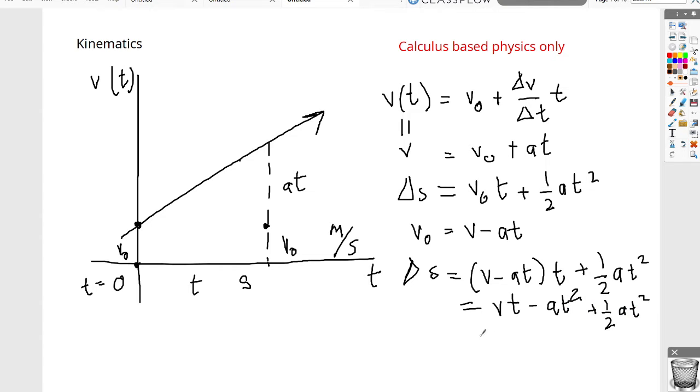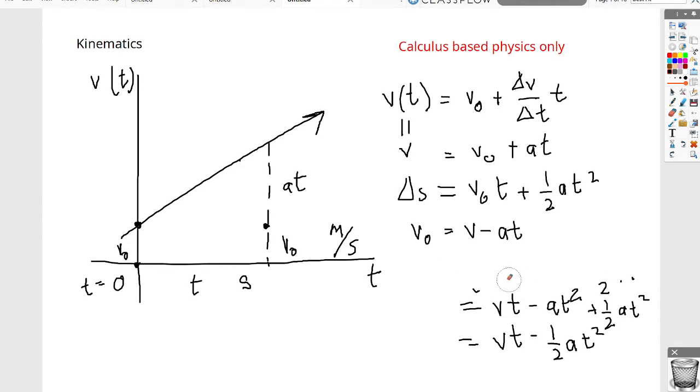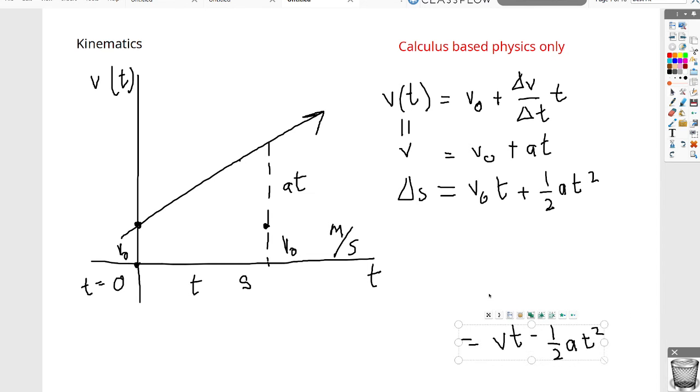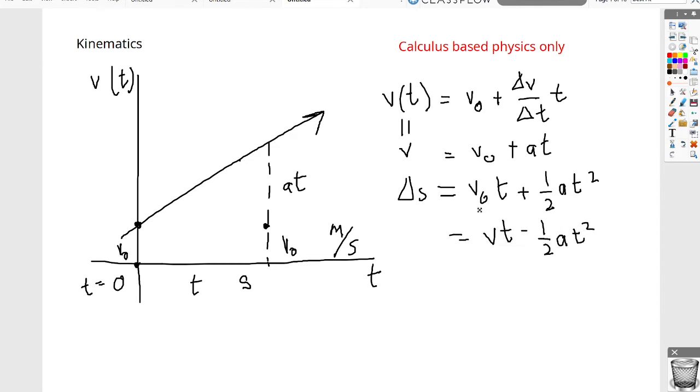So if you take your final velocity, it will be VT minus 1/2 AT squared instead. So that's your third kinematics equation. That's usually the kinematics equation that no one uses, or no textbook shows you. You are not going to get the kinematics equation like this in any textbook.